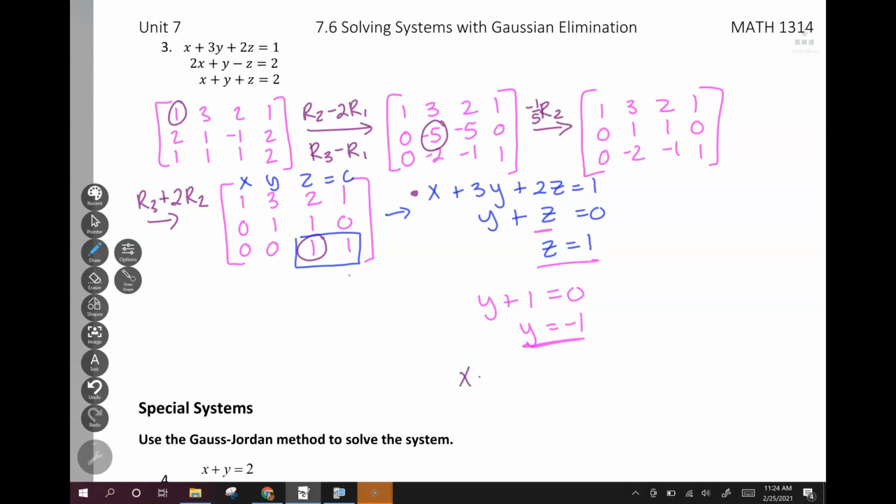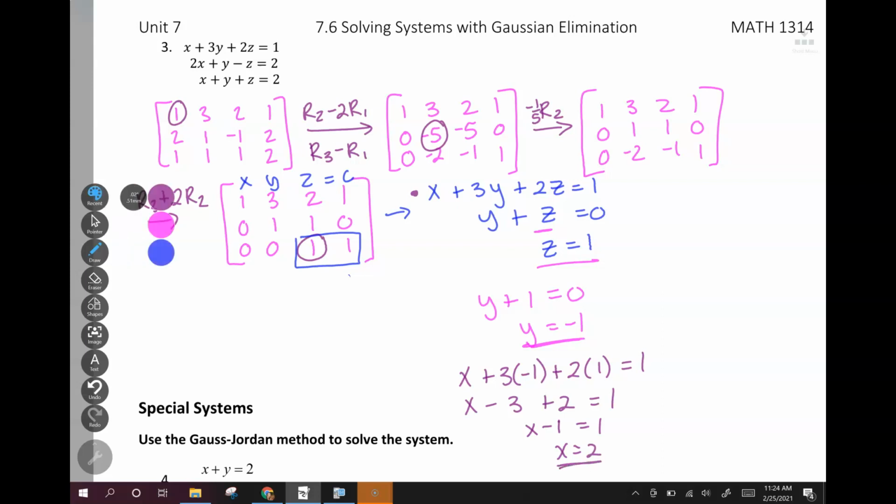So I'll have x plus 3 times y, which is negative 1, plus 2 times z, which is 1, equals 1. x minus 3 plus 2 equals 1. x minus 1 equals 1. x equals 2. So just did some substitution there to solve for our variables. So writing my answer as an ordered triple, I've got 2, negative 1, and positive 1.